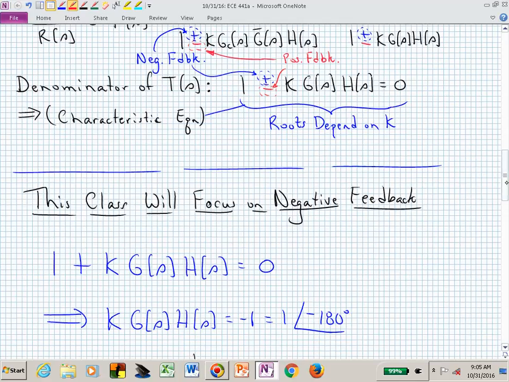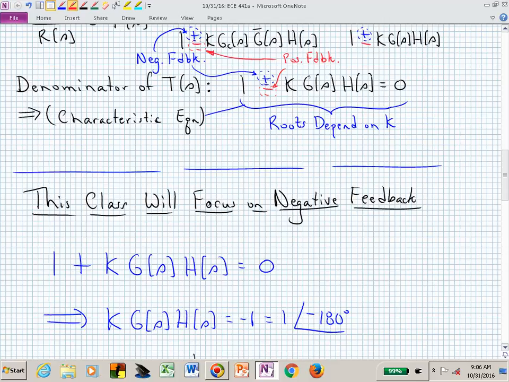But with this characteristic equation written in the form of k g of s h of s equaling minus 1, and then viewing minus 1 as a complex number, having a magnitude of 1 and an angle of minus 180 degrees, that's actually what gives rise to all of the root locus rules, or those two conditions.